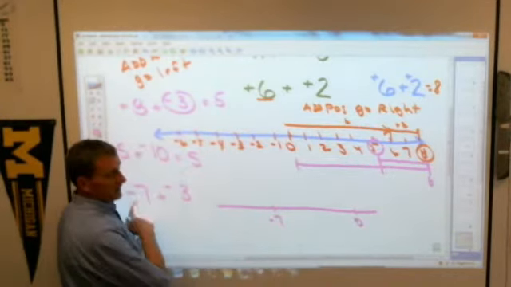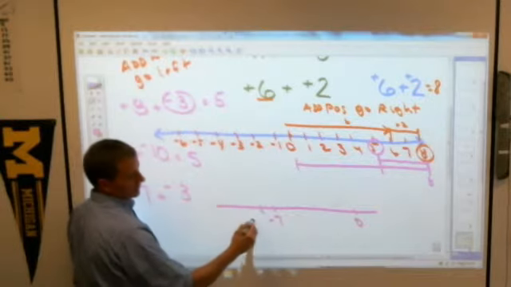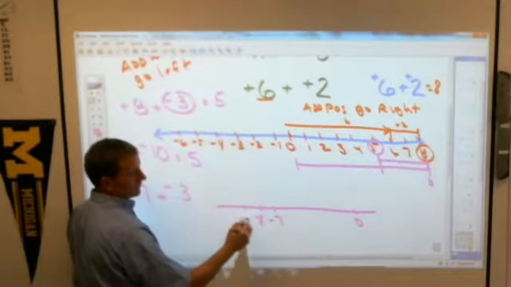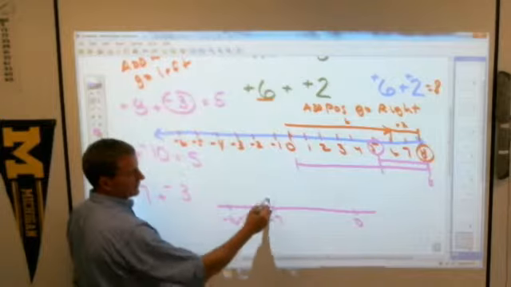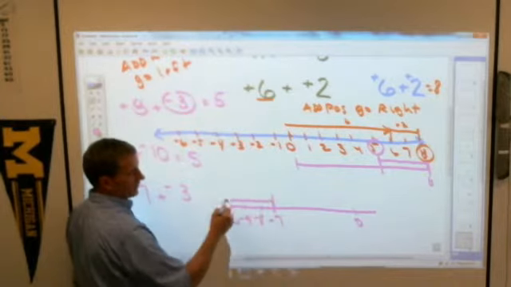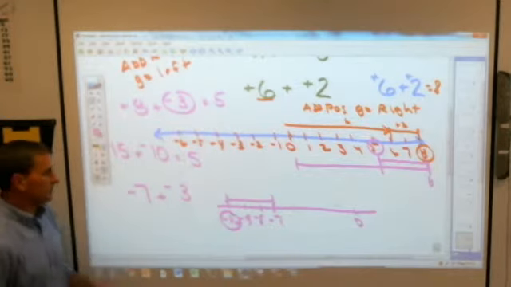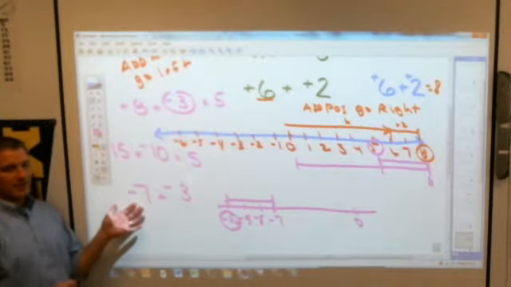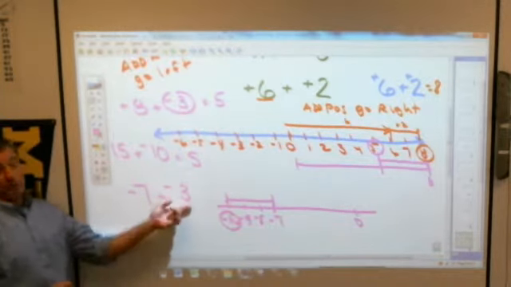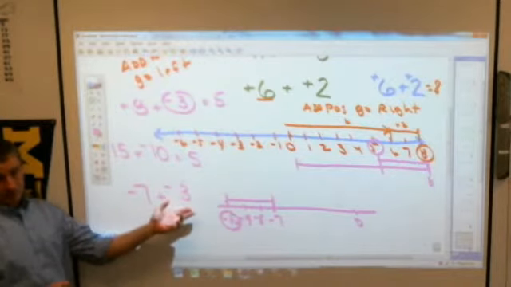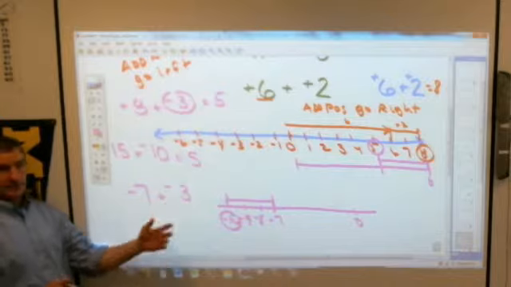And negative numbers mean I come back to the left. So this would be negative 8, negative 9, negative 10. I start with negative 7 and I come back 3. I end up with a negative 10. If you're talking in terms of money, you owe somebody $7 and then you owe them $3 more, you owe them $10.